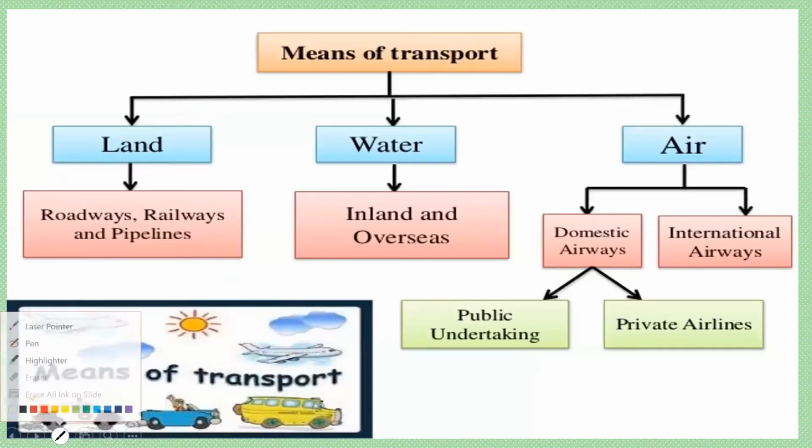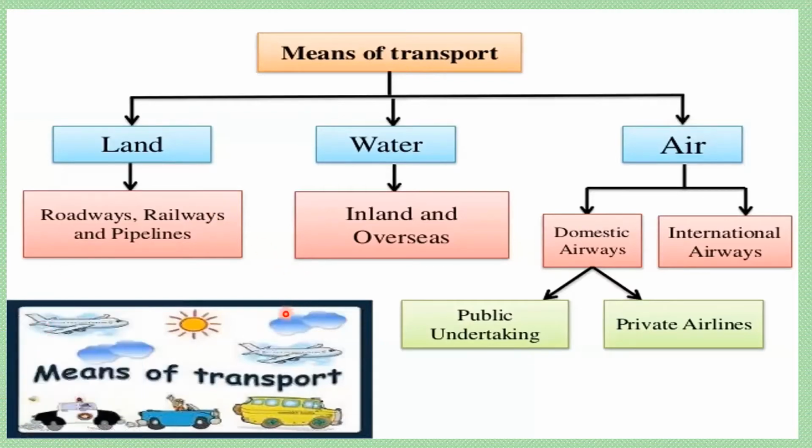Look at the flow chart. Movement of these goods and services can be over three domains of the earth: land, water, and air. Under land, we have roadways, railways, and pipelines. Under water, we have inland and overseas.